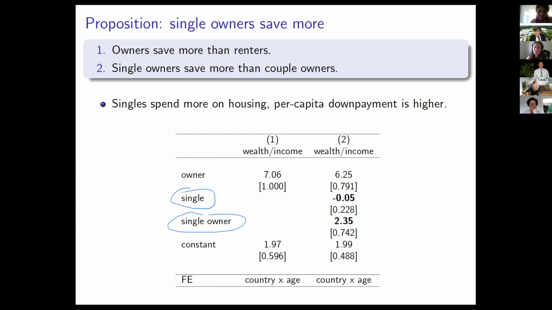Notice first that among renters, there's really no difference in savings between singles and couples, either economically or statistically. Among owners, on the other hand, our prediction is borne out. Single owners have significantly higher wealth to income ratios than couples.